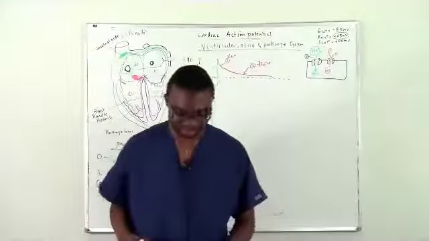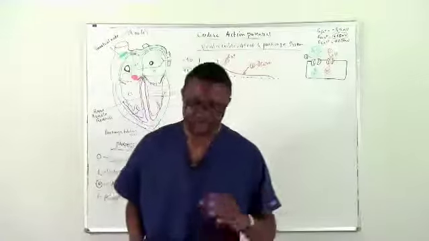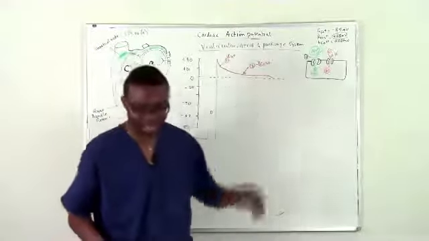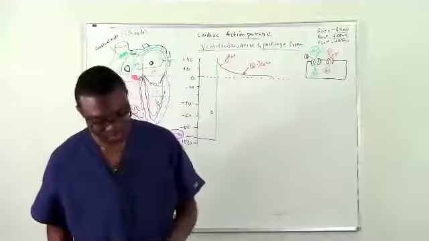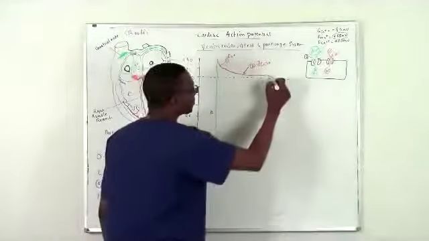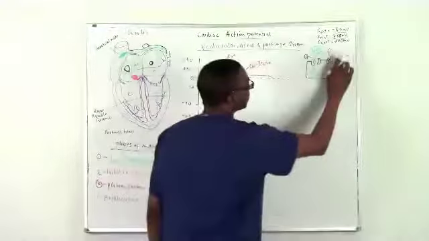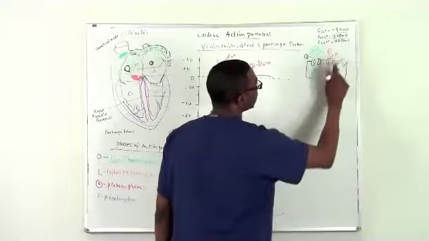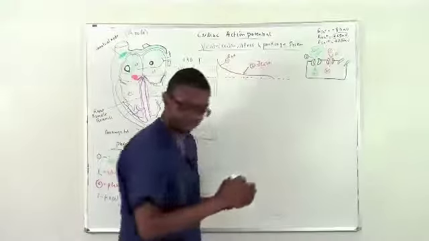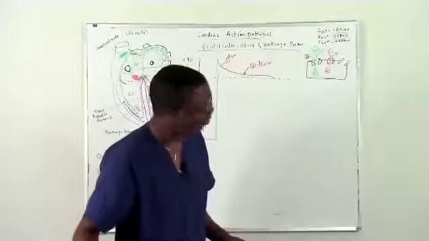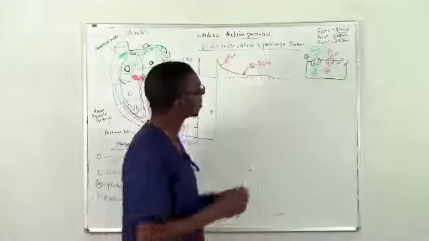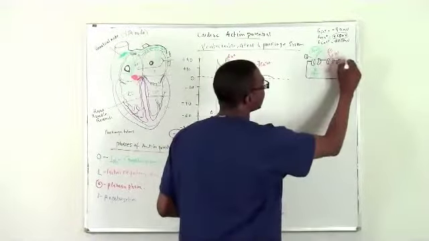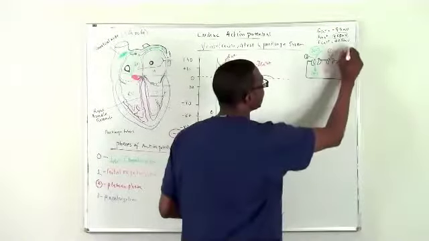So what happens in phase 3? Well, calcium conductance inside the cell is going to stop, and then potassium conductance is now going to increase. So we're going to have this nice channel for potassium to open up. I forgot to tell you, draw on the board: calcium influx. When calcium comes in, you get the plateau.